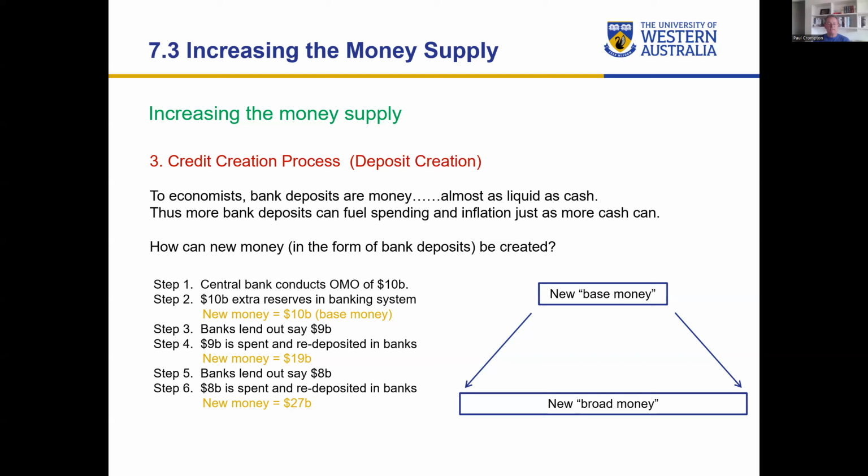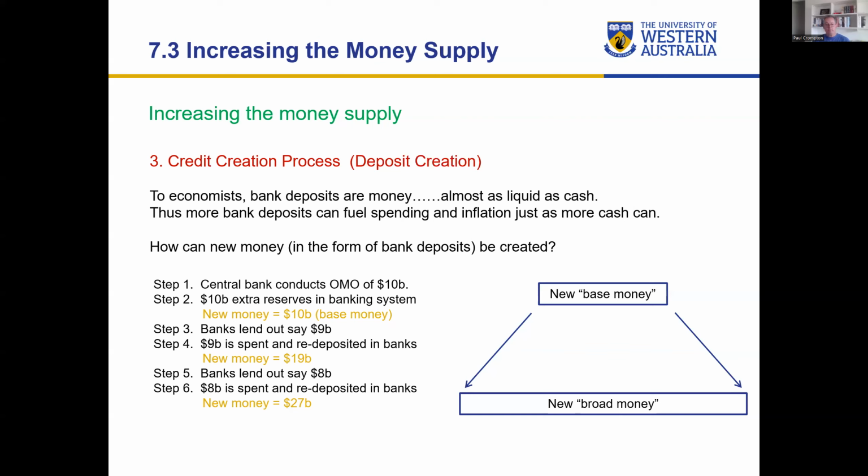Okay, now of course the actual process is much more complicated than this, but we don't need to make it any more complicated than this for the purpose of understanding the real world. That's the whole point. And if you want to understand this process in a greater degree of complexity, there's plenty of information out there, plenty of books, websites that go through this in painstaking levels of detail.